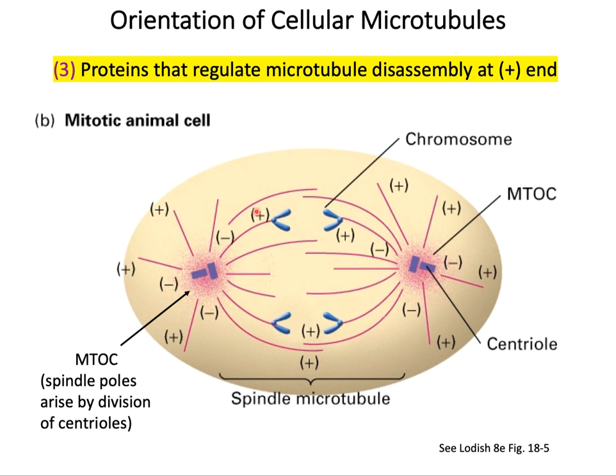When it comes time for these daughter chromosomes to be delivered at each side of the dividing cell, then you get rapid shrinking of the microtubule towards the microtubule organizing center, the spindle poles. And that occurs in part by depolymerization of the plus end.